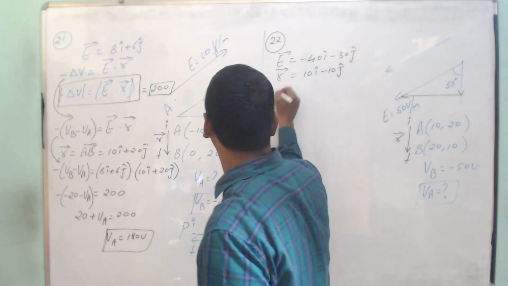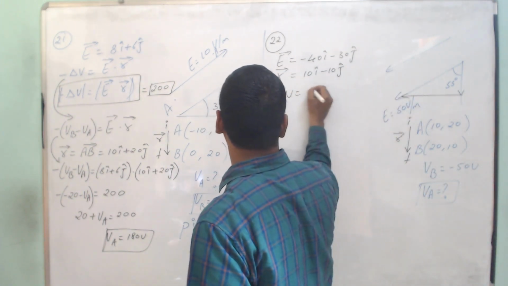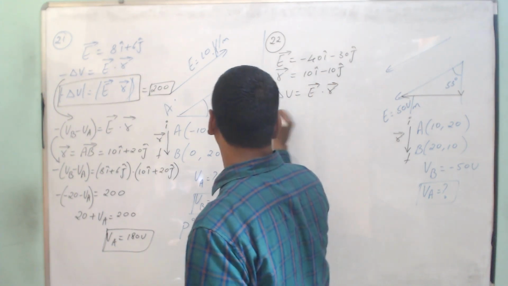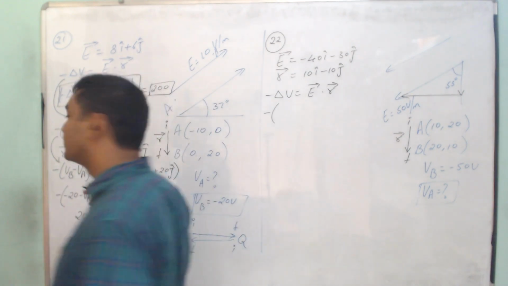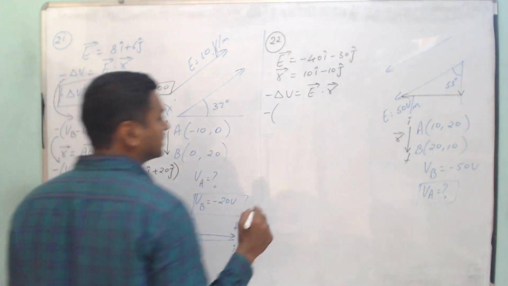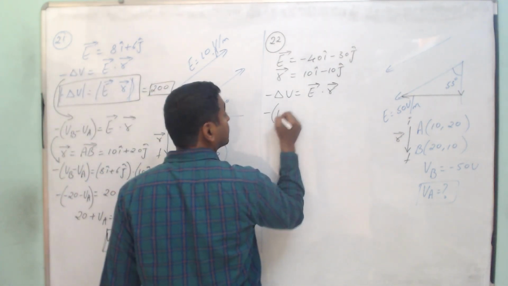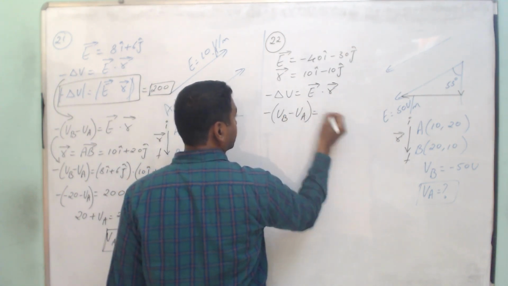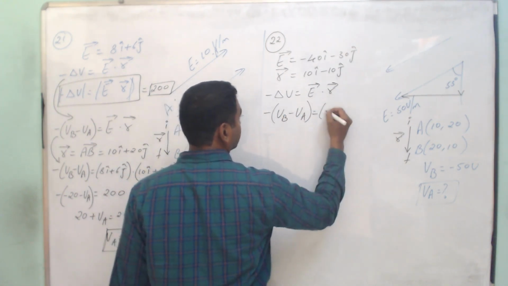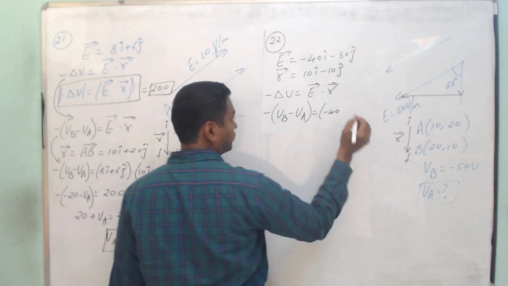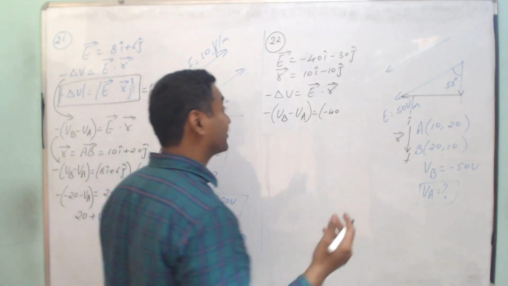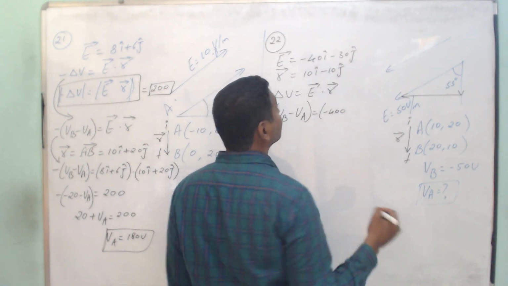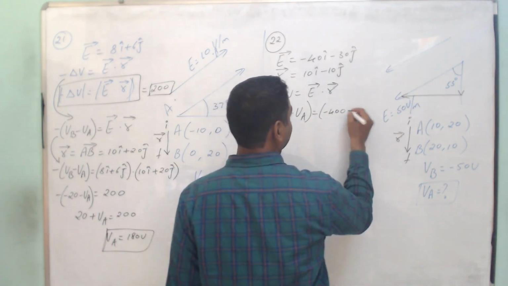Minus delta V is equal to E bar dot R bar, right? Yes, sir. Now tell me, what should I write? What is delta V? VB minus VA is equal to, tell me, minus 400 plus 300, that is minus 100.